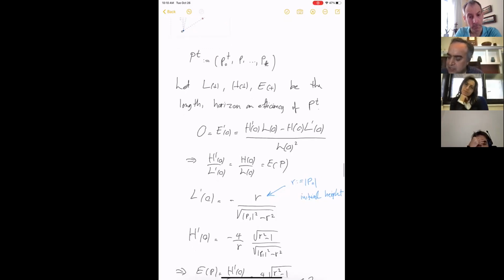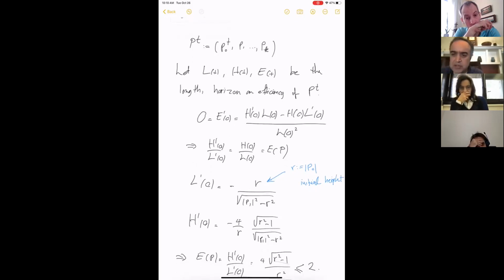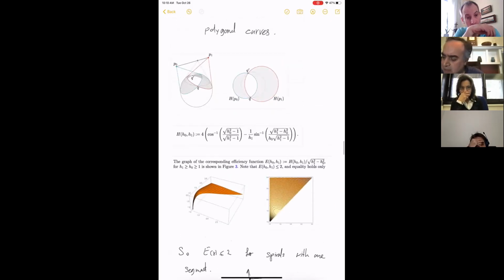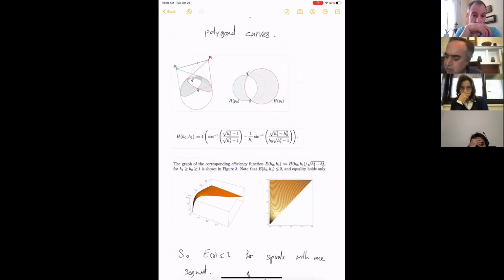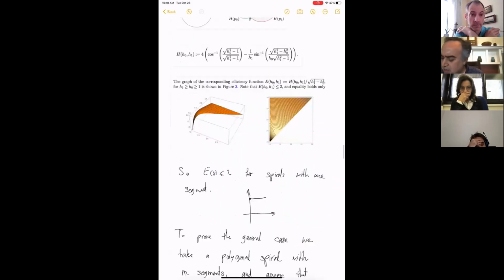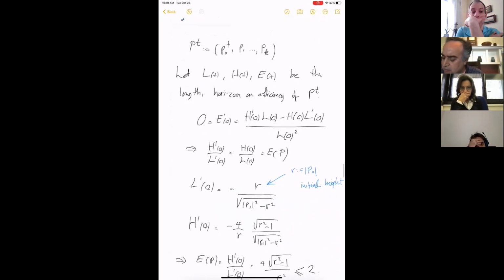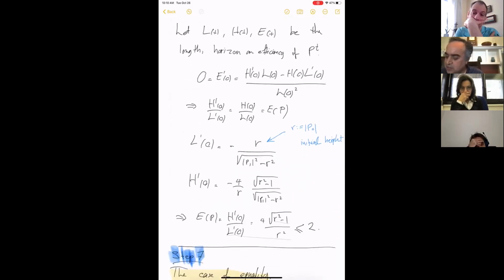Now, the rate of change of L is very easy. I can just compute that. It turns out to be R over this quantity, where R is the initial height, so R is the norm of P0. H prime of 0 I can also compute. The computation will be longer because I had this formula that I had shown you here. This formula is more complicated, but when you compute it, it simplifies very satisfactorily.